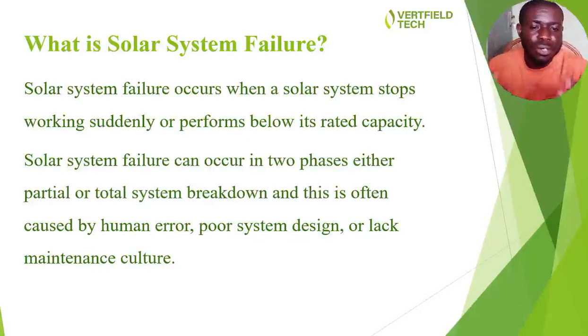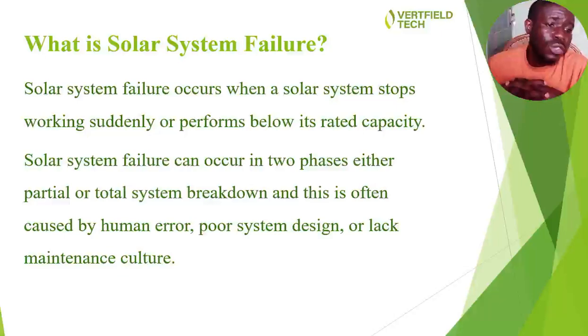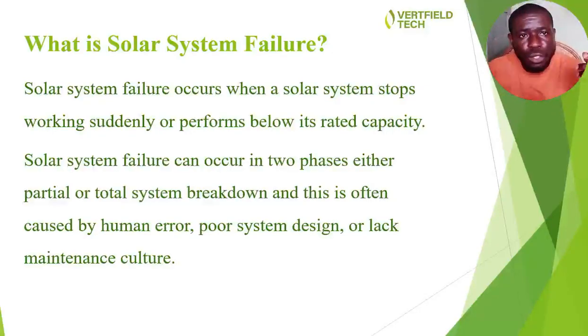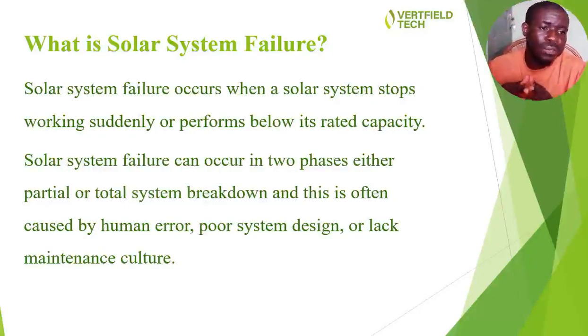So, let us start from the very beginning. What is solar system failure? Solar system failure occurs when a system stops working suddenly. Yes, so your system has failed. It simply means that your system, which has been working for a few months, suddenly breaks down.